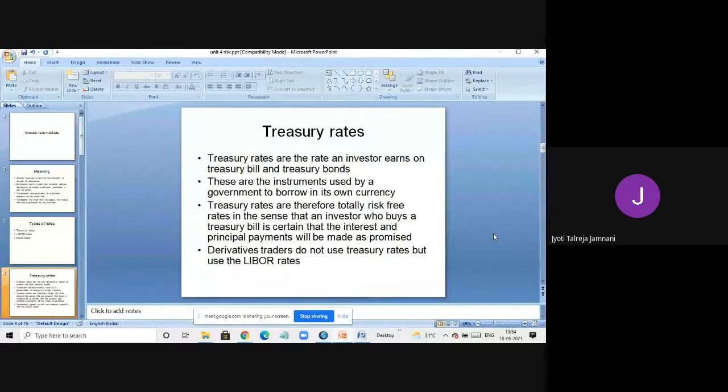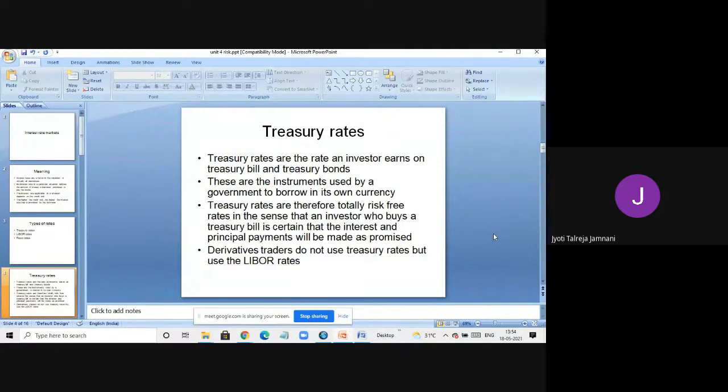People like you and me can buy them and give a loan to the government, and in turn, the government will pay us a certain interest rate on those bonds, and on maturity, our money will be repaid with the principal amount promised. So these are the treasury rates and zero rates, which are risk free because they are guaranteed by the government of a particular country, and the risk of default of a government is very low or negligible.